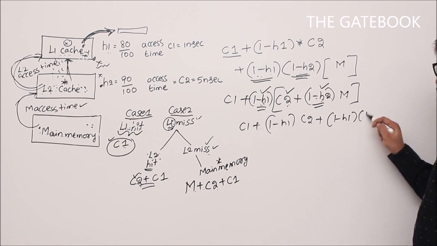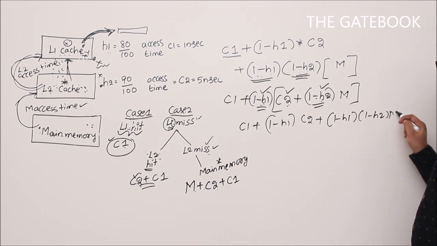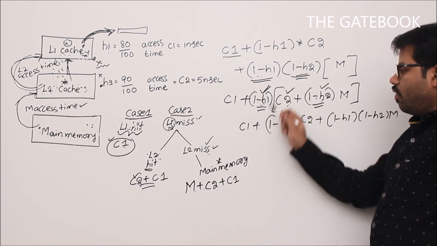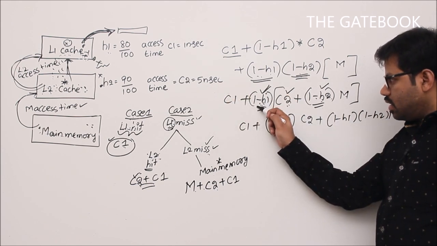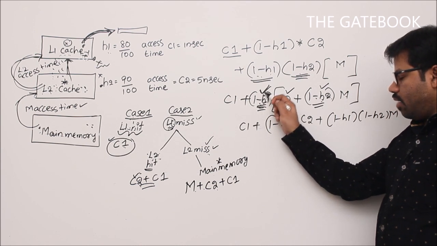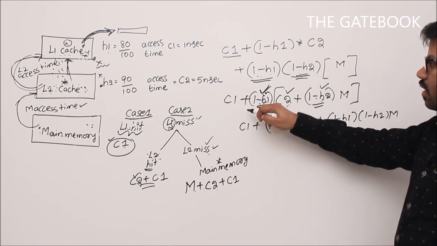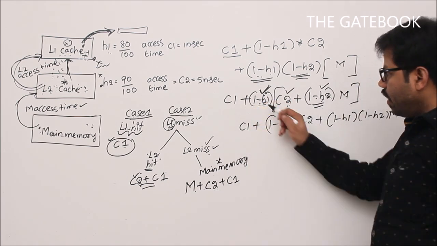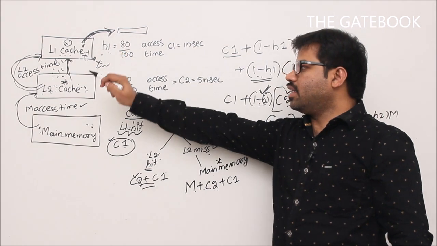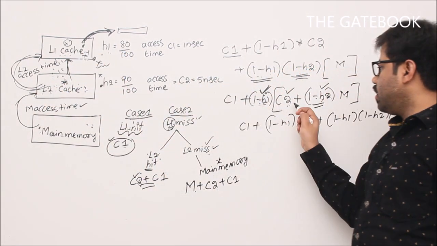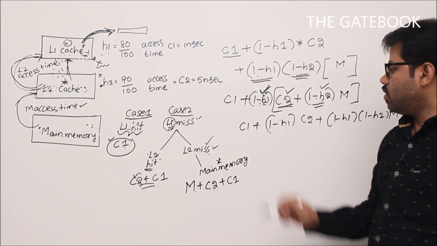What is the rare case? When the first cache misses. Otherwise, this value says that definitely we missed L1 cache, so at that time we will be transferring data from L2 to L1, that's why C2 is compulsory, understand? So this is the formula.